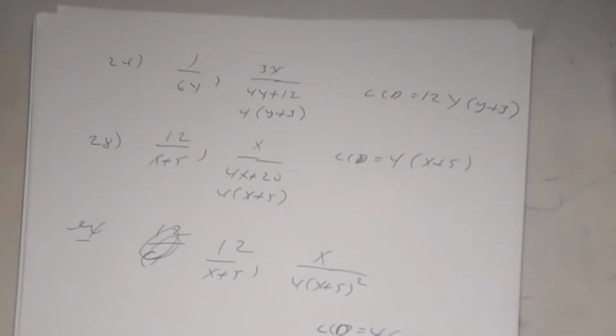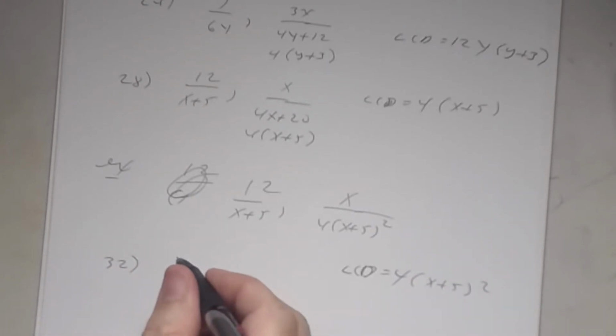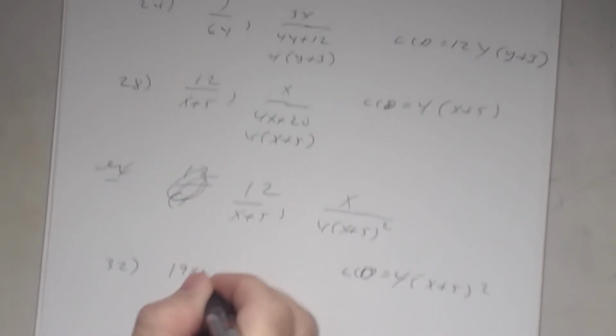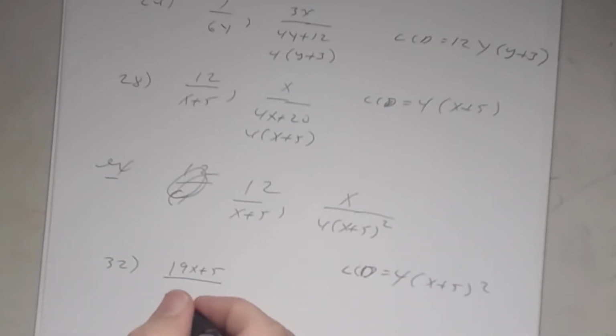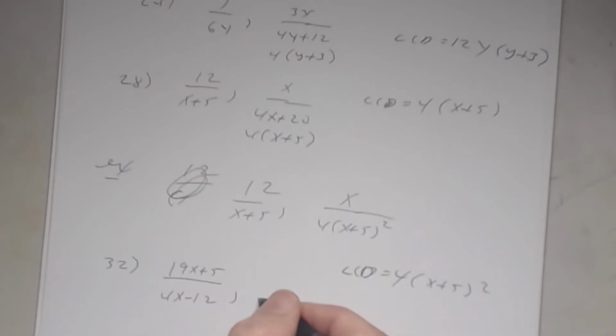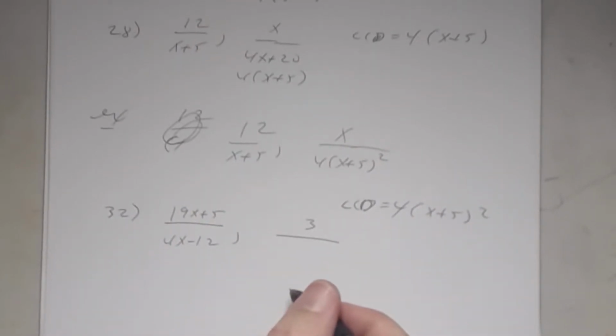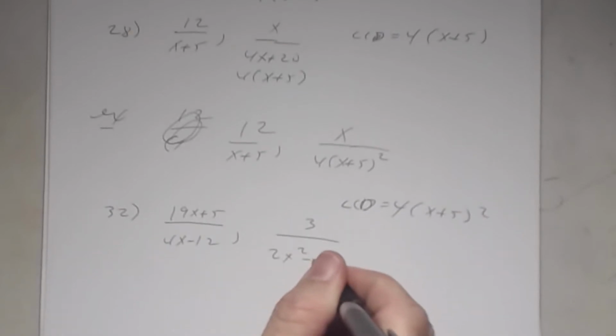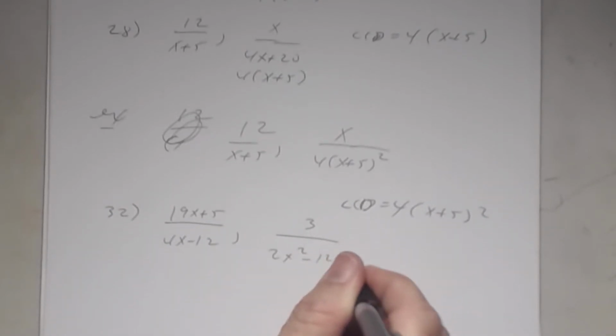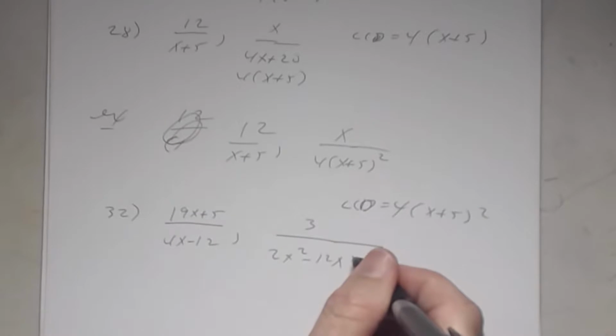Okay. All right. Let's look at number 32. So 32, you have 19x plus 5 divided by 4x minus 12, comma, and you have 3 divided by 2x squared minus 12x plus 18.